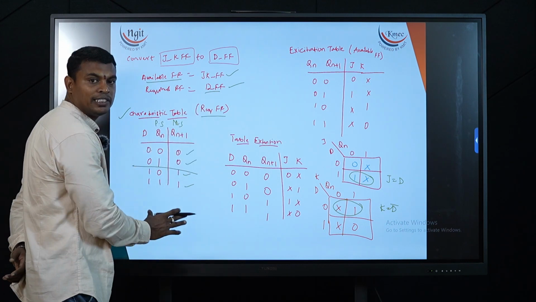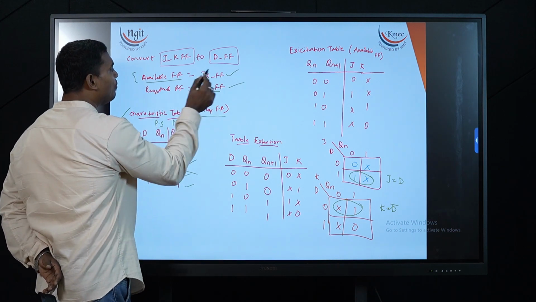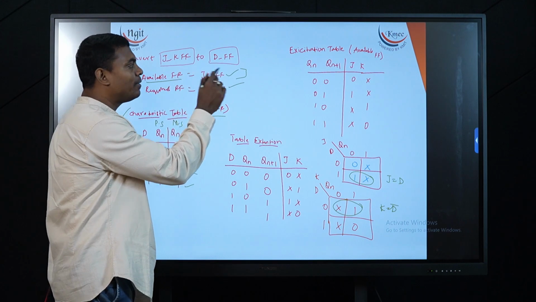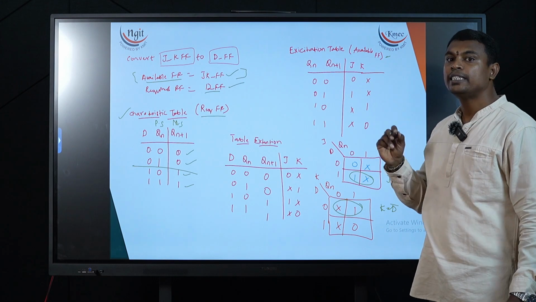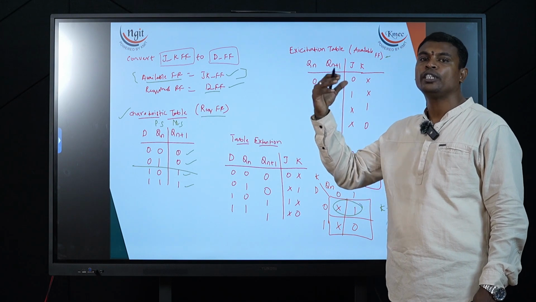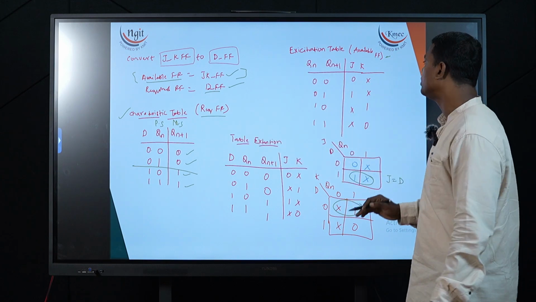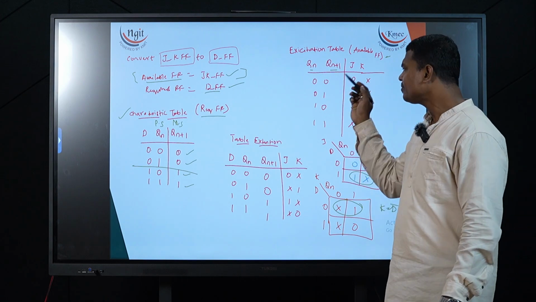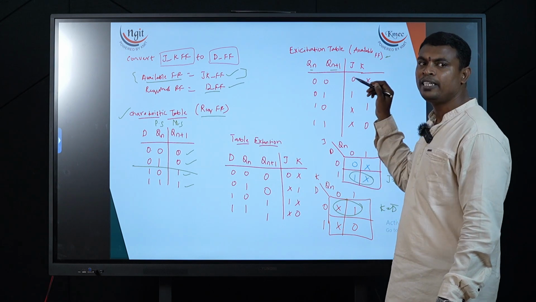Now once the characteristic table is written for our required flip-flop, next I need to write the excitation table for my available flip-flop. What is the available flip-flop? My JK flip-flop. Excitation table means I need to observe my inputs from outputs, going from the outside world to the inside world. Qn and Qn plus 1 are the two outputs which I am going to consider as inputs in this table, and J and K as my output values.